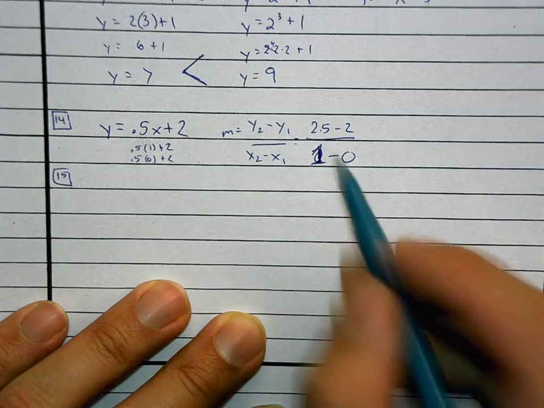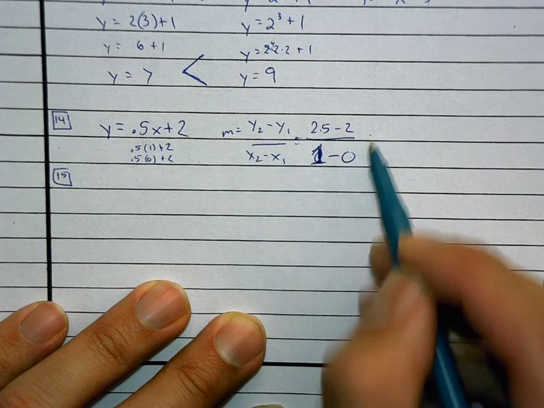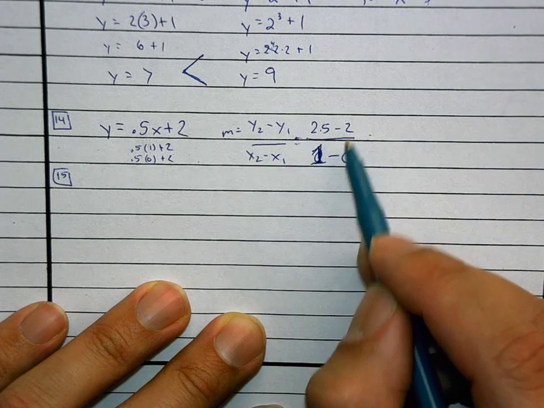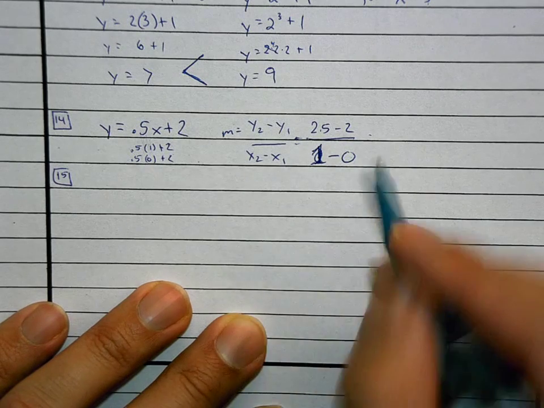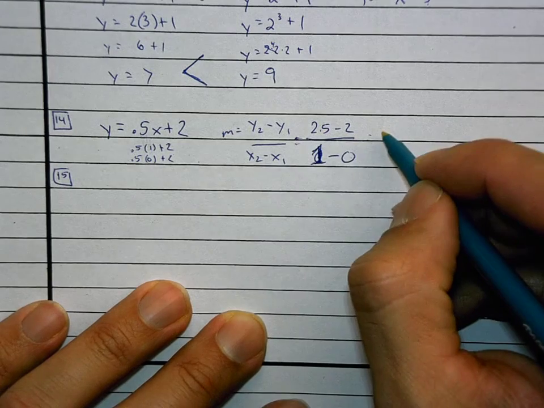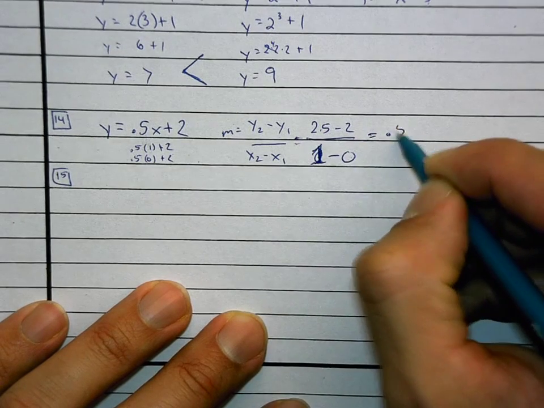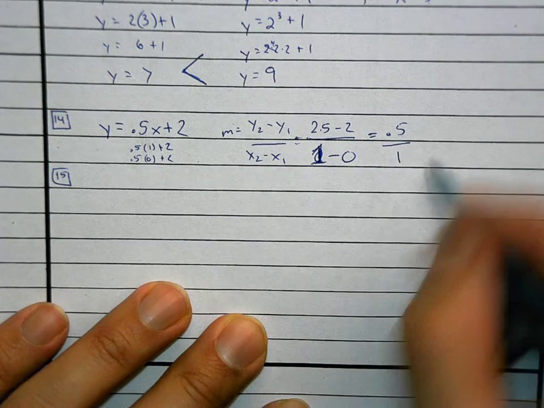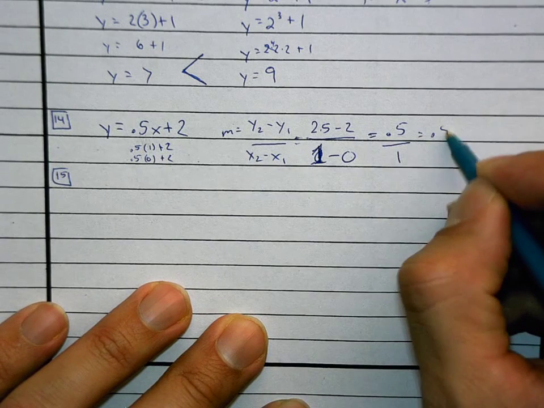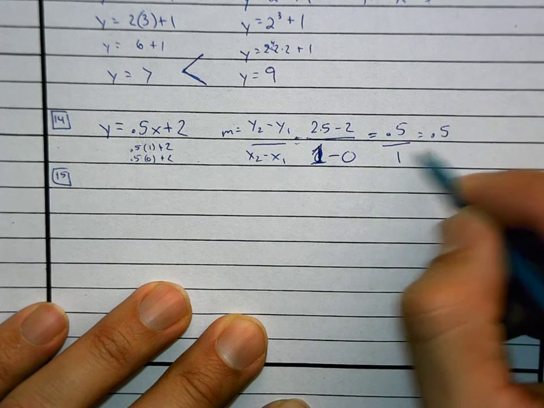Then I have to take the difference of these two things: 2.5 minus 2 over 1 minus 0. There are a lot of steps to finding the first interval. 2.5 minus 2 is 0.5 over 1, which means the average rate of change, 0.5 divided by 1, is 0.5.